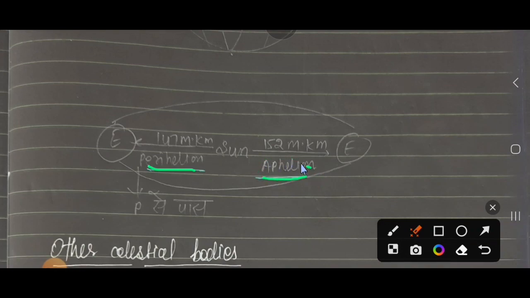You can remember perihelion as starting with P, and P stands for paas in Hindi, meaning near. When the Sun and Earth are near each other, it is called perihelion. And when the Sun is at the maximum distance from the Earth, it is called aphelion. In aphelion the distance is 152 million kilometers, and in perihelion the distance is 147 million kilometers.